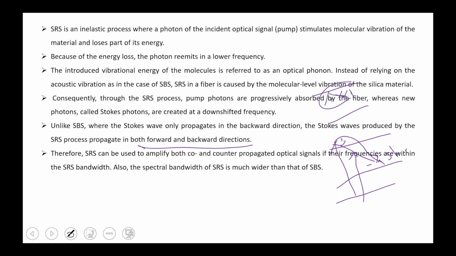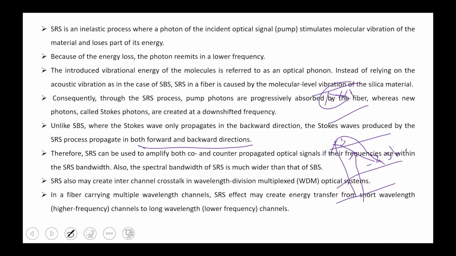So we can amplify the signal bandwidth through SRS scattering. SRS has a wider spectral bandwidth compared to SBS. SRS may also create interchannel crosstalk in wavelength division multiplexing due to the downward shift of frequency, which may result in crosstalk of the signal.